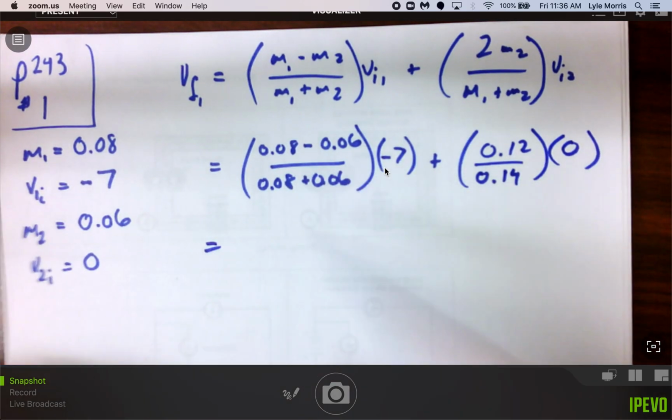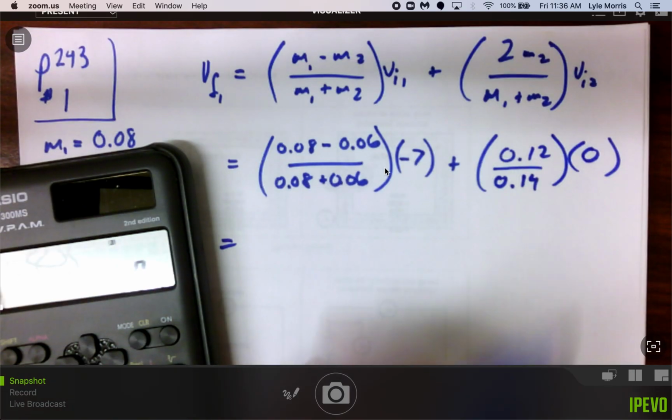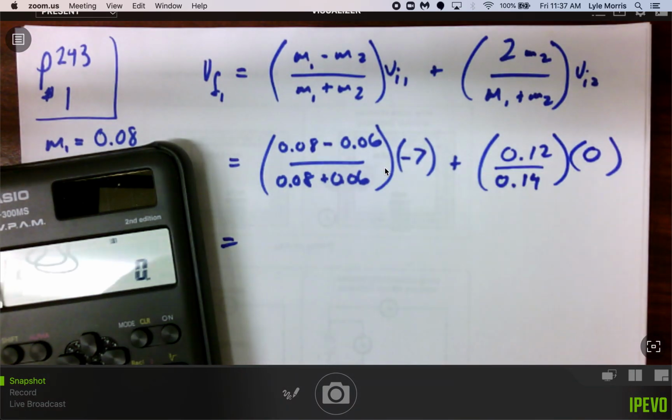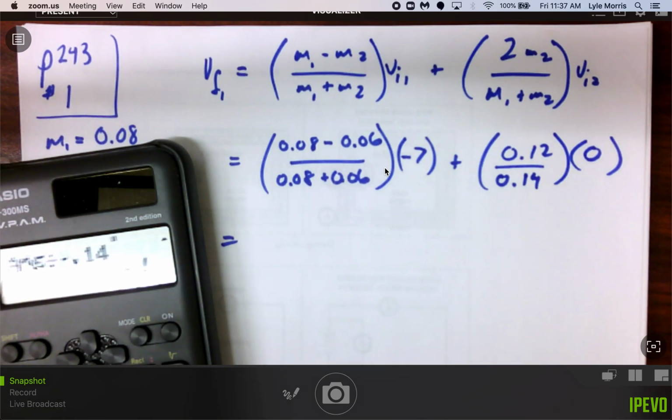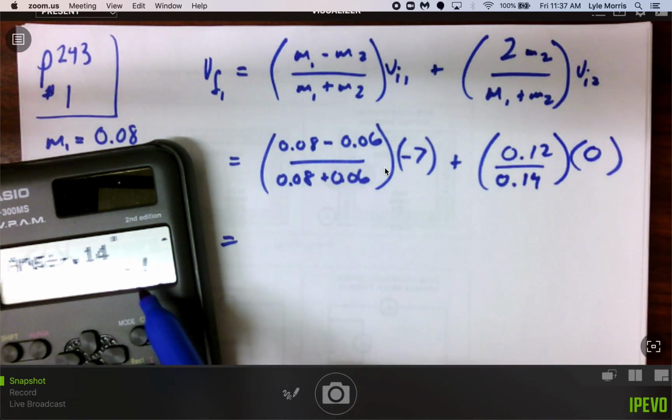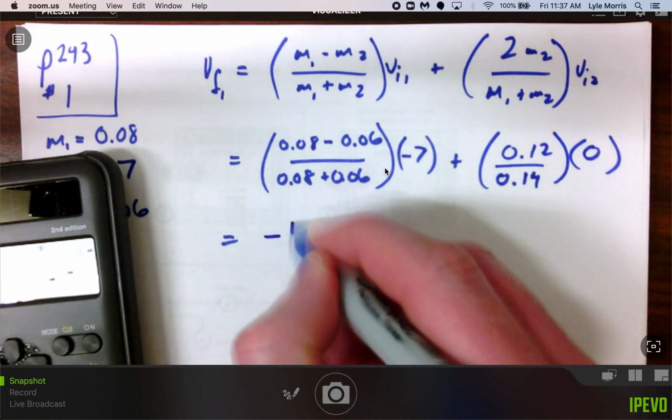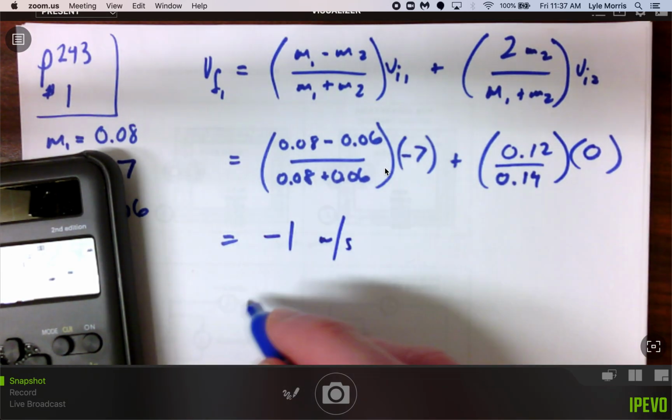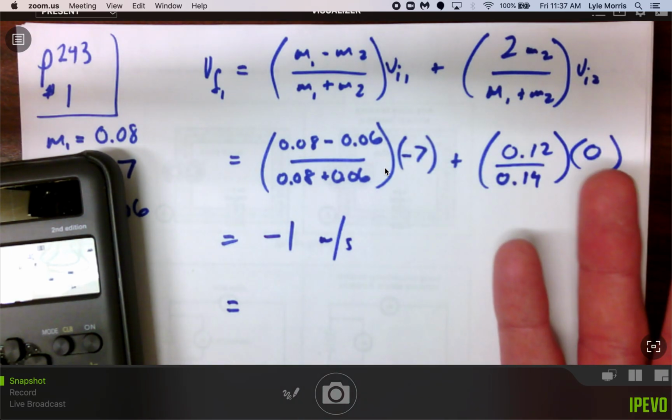So we just multiply this through. It's 0.02 times negative 7, forgot my negative, divided by 0.14, which gives negative 1. Is that right? Did we do it right? We did. Negative 1 meters per second, which means this is probably a 2 sig fig question.